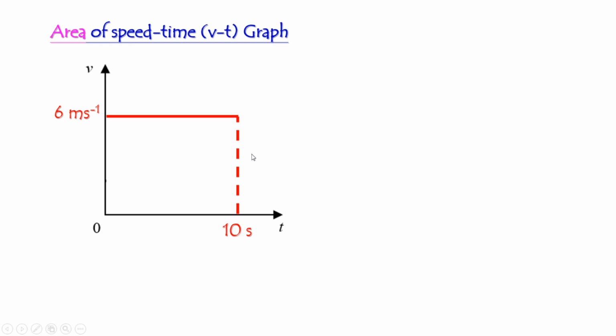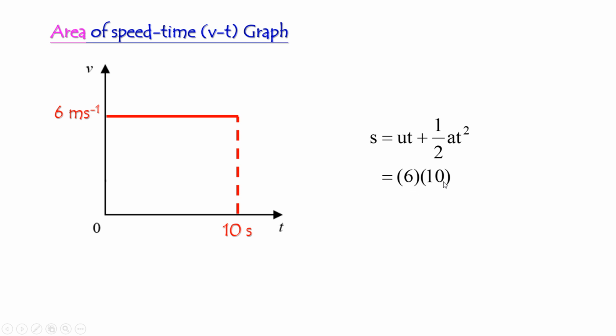And then I want to ask you, what is the distance travelled during the journey? If you have to find out the distance travelled, then this formula will be useful to you, because the distance travelled can be found out by the initial speed times the time plus half the acceleration times t squared. So let us put all the data into the equation. The initial speed should be equal to 6, and the time taken for the whole journey should be 10.